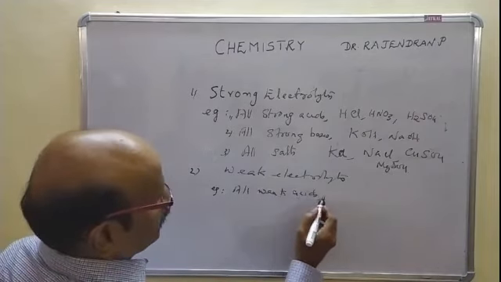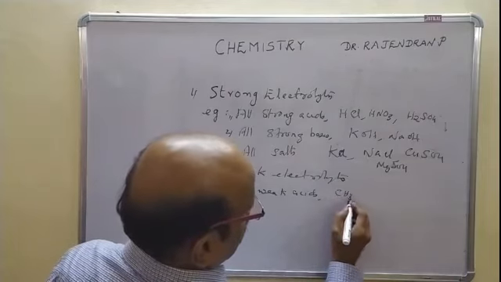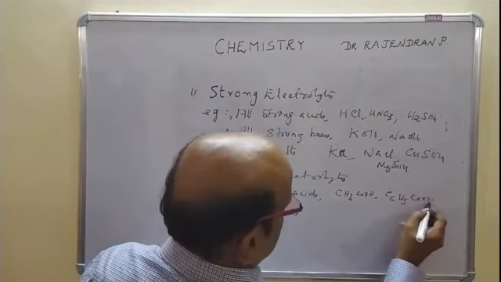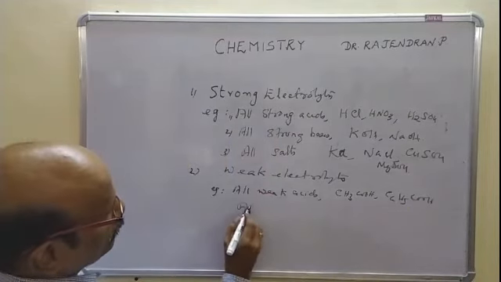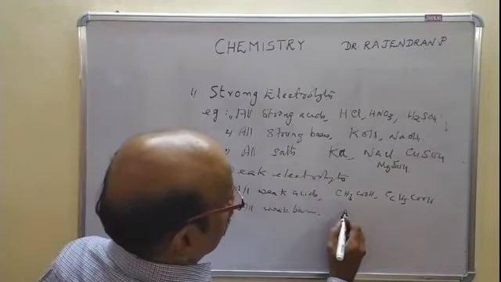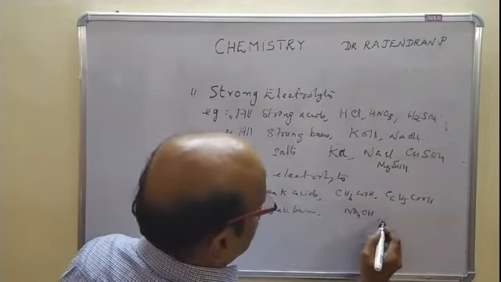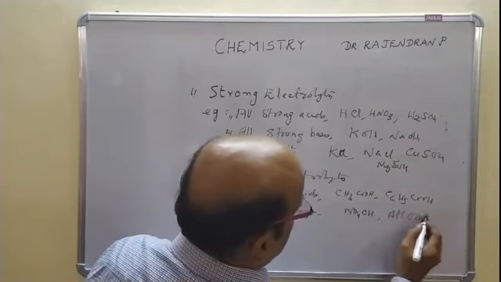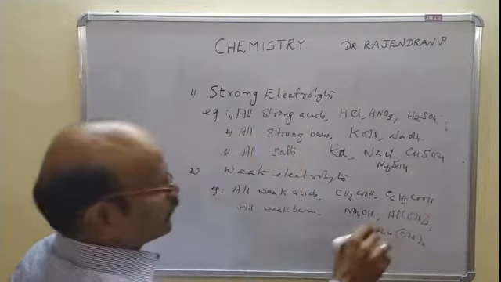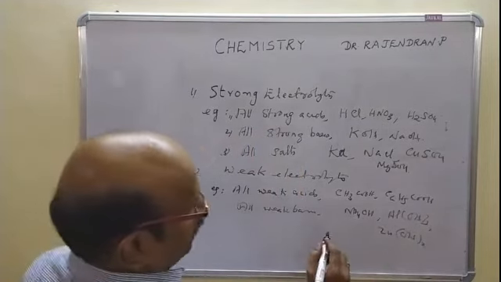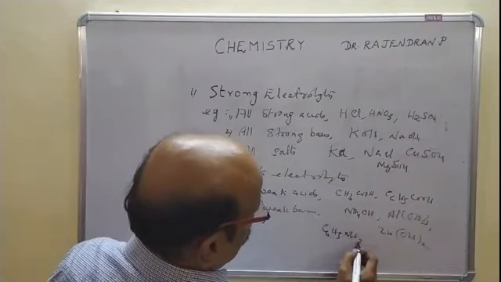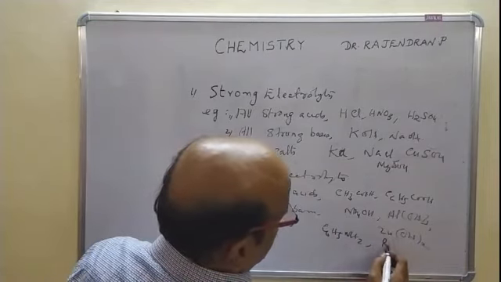acids like organic acids, all organic acids, CH3COOH, benzoic acid, formic acid, etc., and all weak bases like ammonium hydroxide, aluminium hydroxide, zinc hydroxide, etc. And organic amines, aniline C6H5NH2, then amines RNH2.